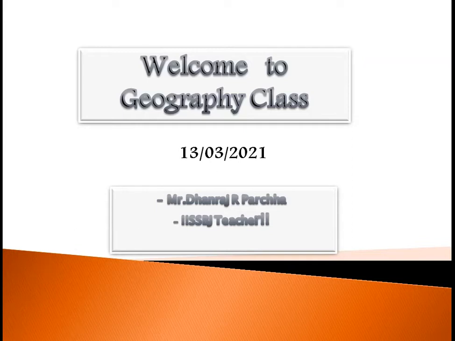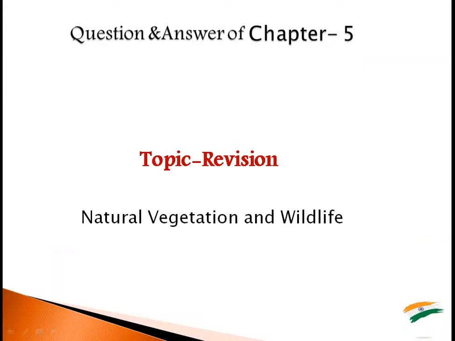So dear cadets, in this presentation again we are going to have the discussion on the 5th chapter, natural vegetation and wildlife resources. This chapter is focusing on the types of vegetation as well as the factors which are very important and essential for the growth of any natural vegetation and wildlife.